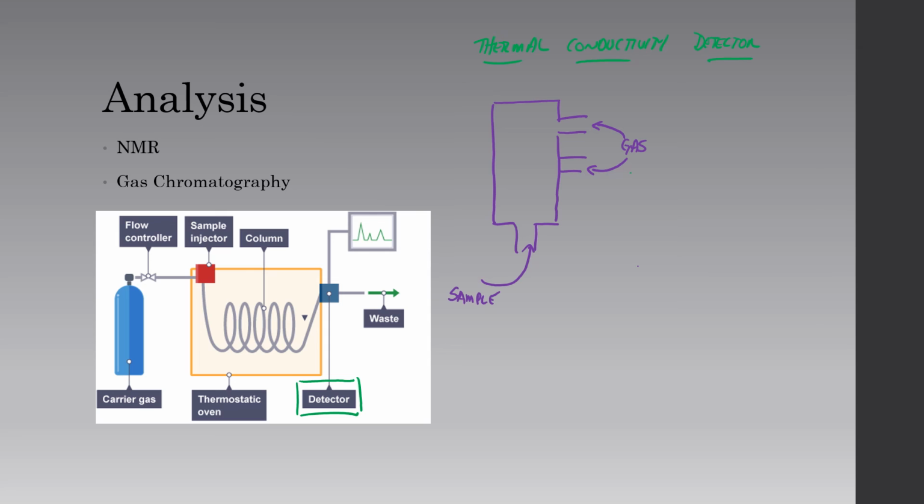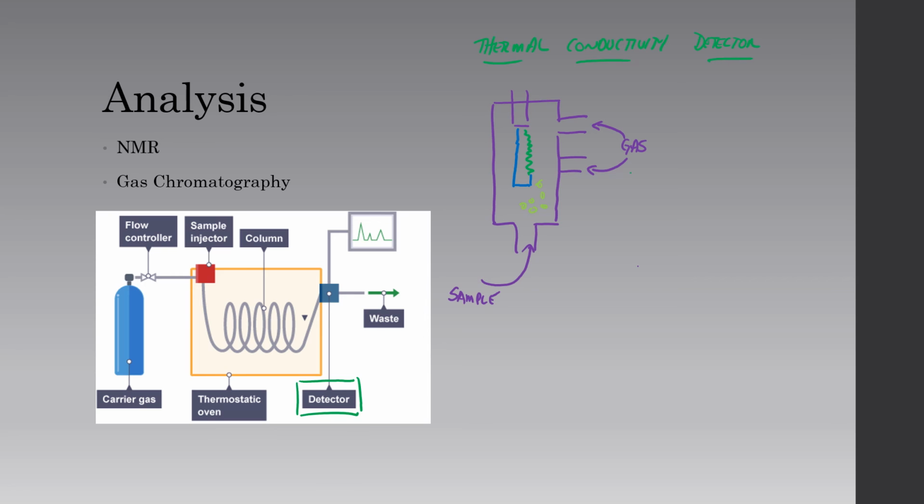Okay, so inside our thermal conductivity detector, there is a filament. So similar to what you see in a light bulb, right? So let's say there's a filament there in green. So if we maintain our detector under an inert gas at a specific temperature, there's a certain conductivity associated with that. As our sample comes in, it's going to change the conductivity of that filament.